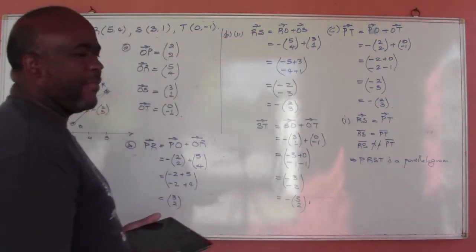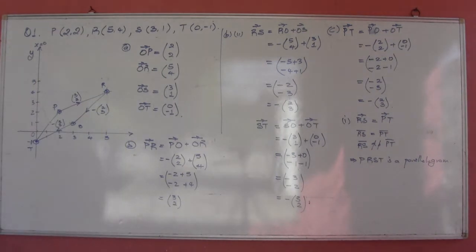What is a parallelogram? A parallelogram is a quadrilateral in which opposite sides are equal and parallel. To show that a quadrilateral is a parallelogram, we just need to show that at least one pair of opposite sides are equal and parallel.